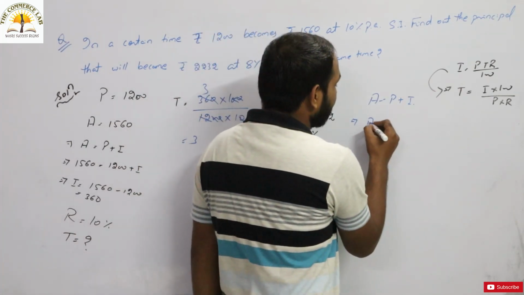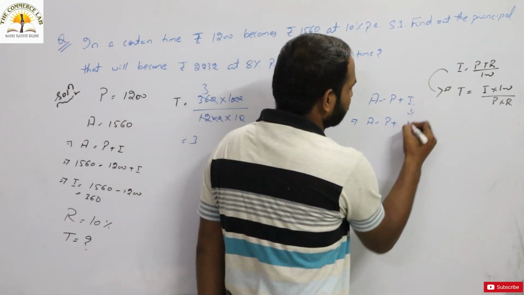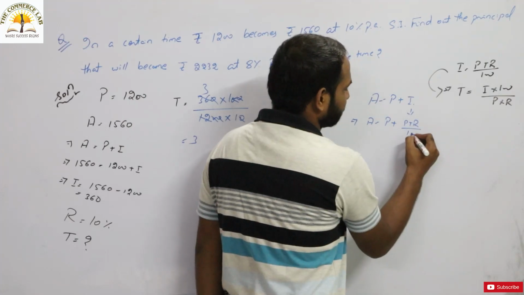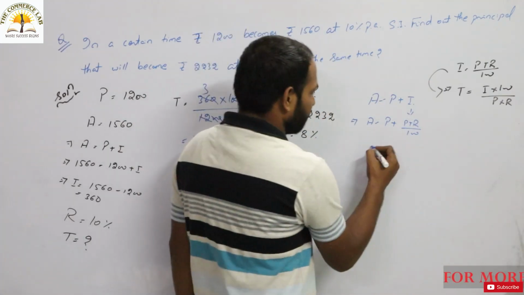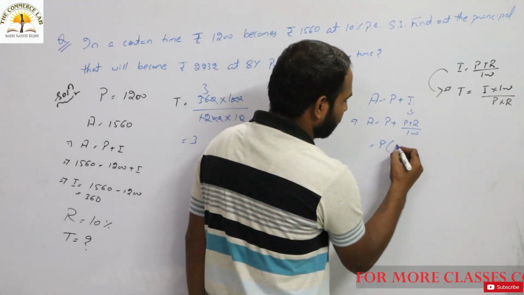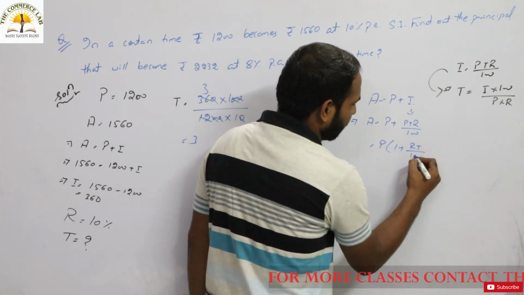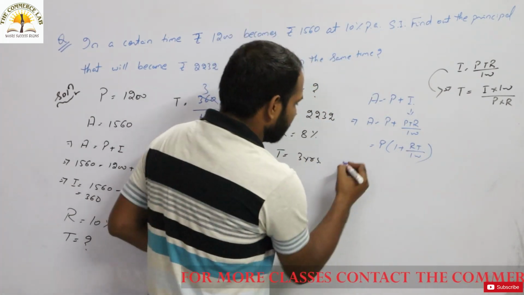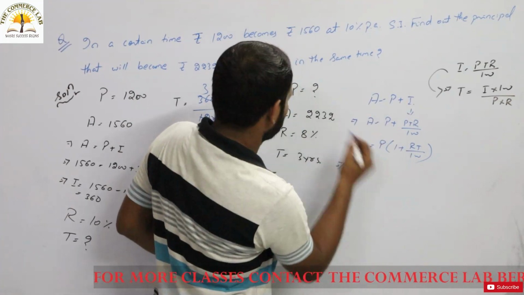But it can be written as I equal to PTR by 100. From this, taking P common, RT by 100. This implies, what is A? 2232.